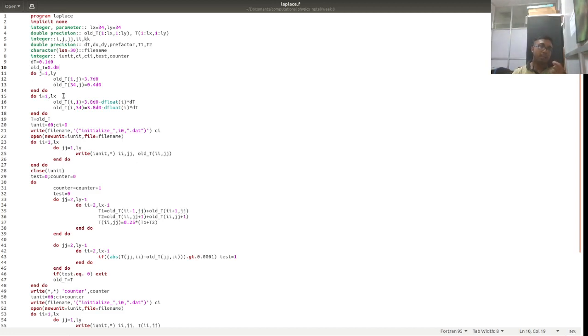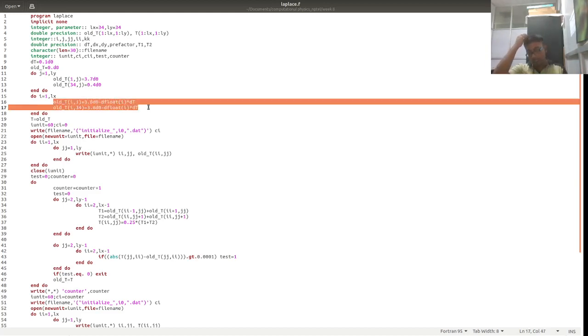Then I am going to assign the temperature values at two other boundary lines. In this case I am fixing the value of y and changing the value of x from 1 to lx, and that is given this way. How is this going to work?